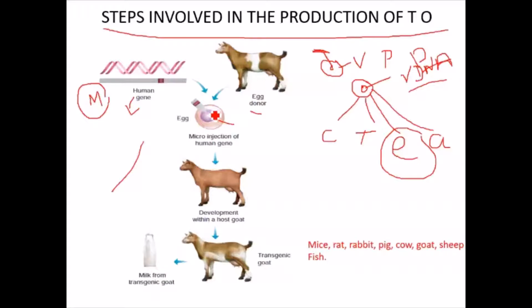Now it is called a genetically modified embryo. The genetically modified zygote is injected into the uterus of the surrogate mother. After the gestation period, the goat gives birth to a young one, in which my desired DNA is found.